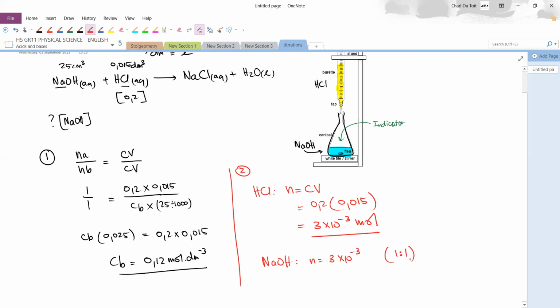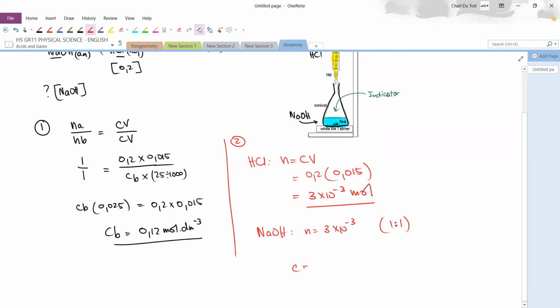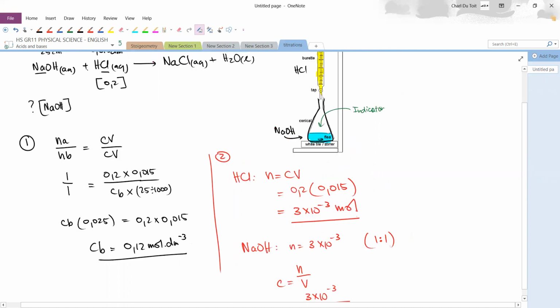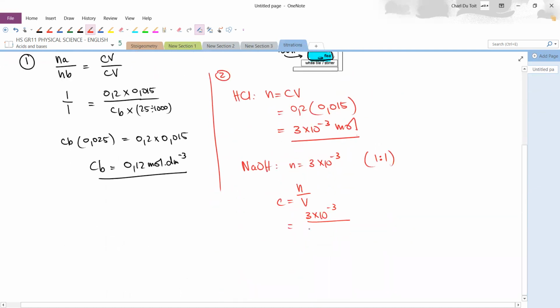Then I work out the concentration by taking the mole and dividing it by the volume. 3 times 10 to the power of -3, and the volume of the sodium hydroxide is 25 divided by 1,000, or 0.025. I divide that, and I get obviously the same answer, 0.12 mole per decimeter cubed.